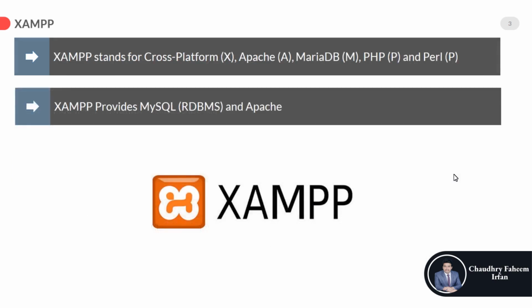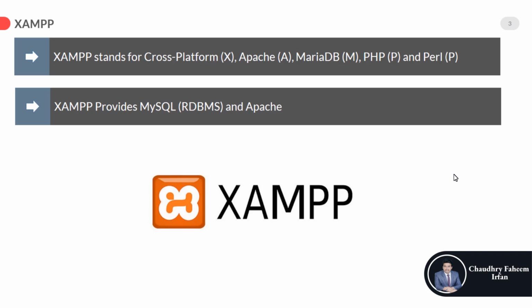Xampp stands for cross-platform, Apache, MySQL, PHP, Perl. This is an open source platform. Cross-platform means it can be installed on any operating system. The Xampp package includes phpMyAdmin, which is a free software tool written in PHP.